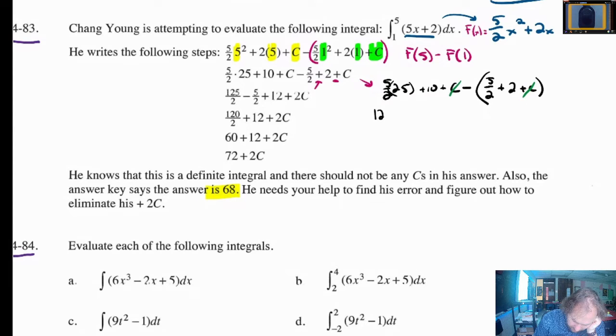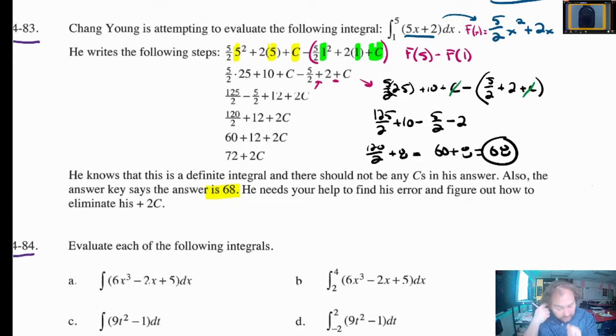You'll have 125 over 2 plus 10 minus 5 over 2 minus 2. So this would be 120 over 2 plus 8. 120 over 2 is 60, so 60 plus 8 is 68. That's what happened, just the parentheses right there. Got to remember you're doing a quantity minus a quantity, so you got to put that second quantity in parentheses.